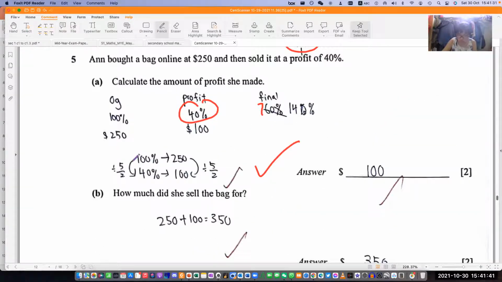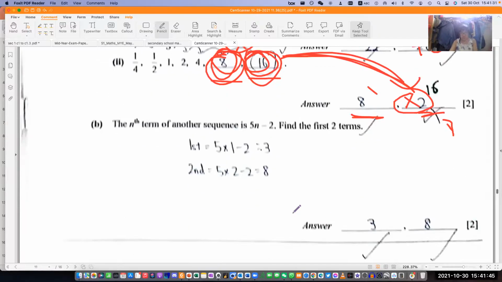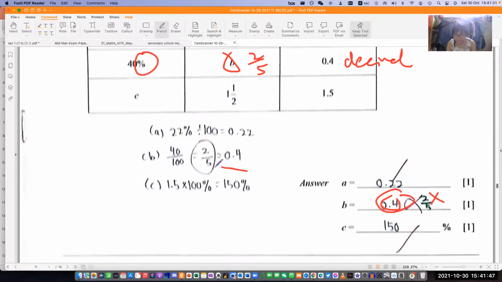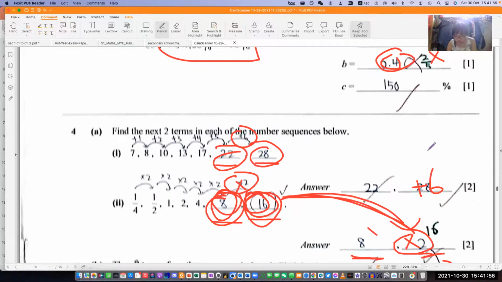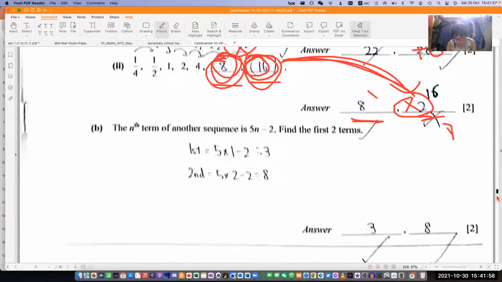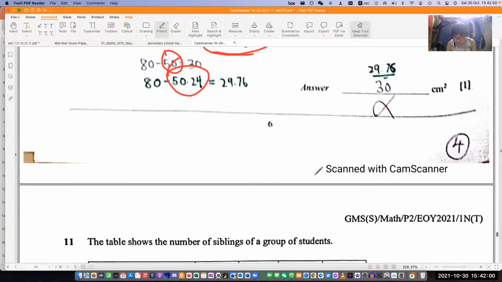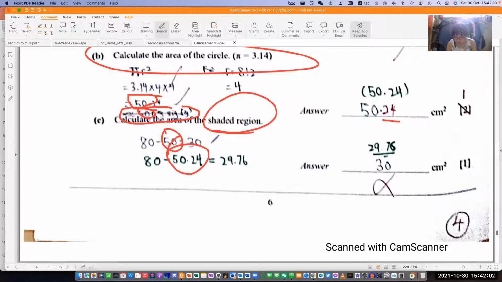This one. Why did you never round? Because they never stated. Then how come you go and round here? Why do you round here?